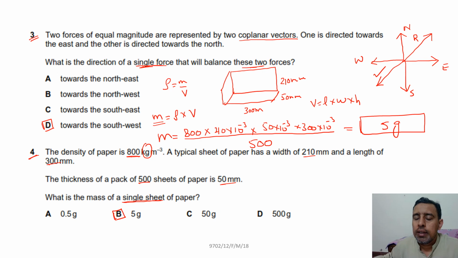The theory behind this question is that there is a book, and the length, width and height of the book are known, so you can get the volume, and multiplying the volume with the density you will be able to get the mass of the whole book. The mass of one sheet is required, so divide it by 500 sheets, the total number of sheets, and you get the mass of one sheet, and convert that mass into gram, which is 5 grams, so option B is correct.